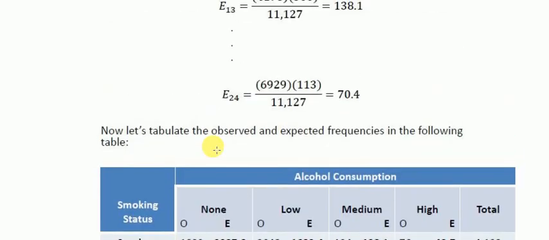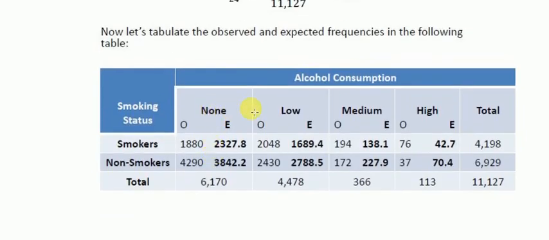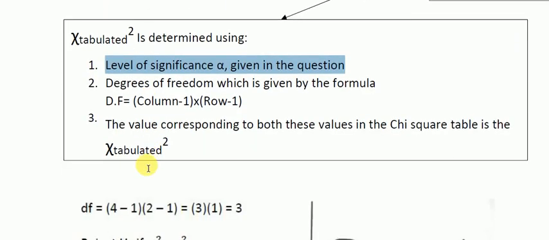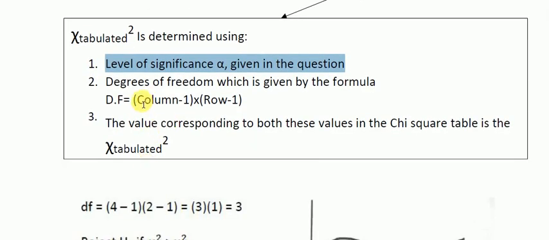So how many columns did we have? 1, 2, 3, 4. So the number of columns is 4, and how many rows did we have? 1, 2. Columns 4, rows 2.